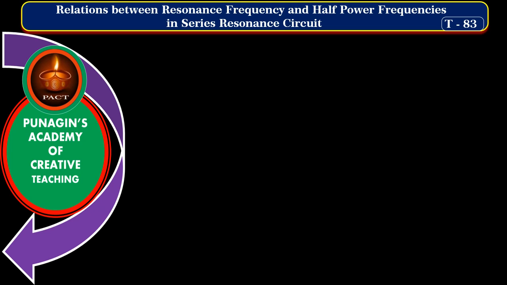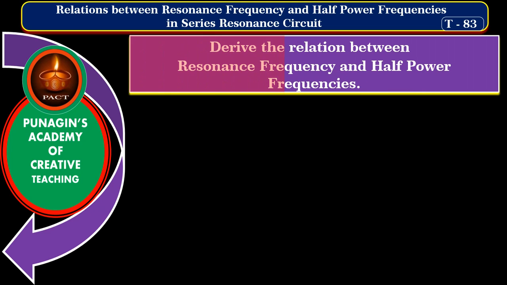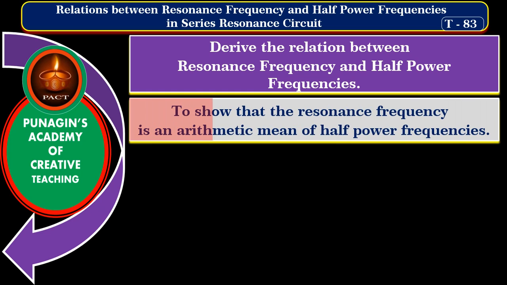Therefore, in this tutorial, we shall first derive the relation between resonance frequency and half power frequencies. Then, we shall derive to show that the resonance frequency is an arithmetic mean of half power frequencies.